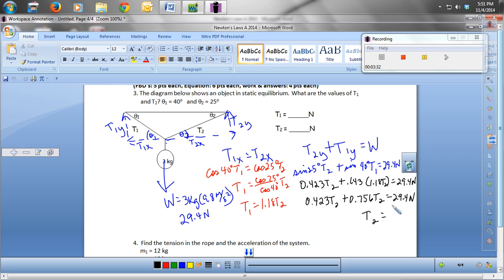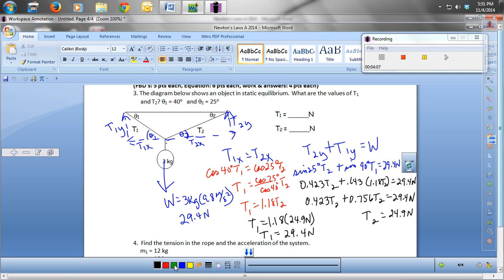So when I solved for T2, I got 24.9 newtons. And then for T1, I simply multiplied 1.18 by 24.9 newtons, and when I did that, I got 29.4. So my work got me 4 points, and then my answers were 4 points each, and that's all there was to it.